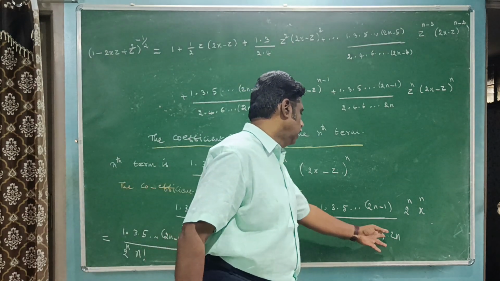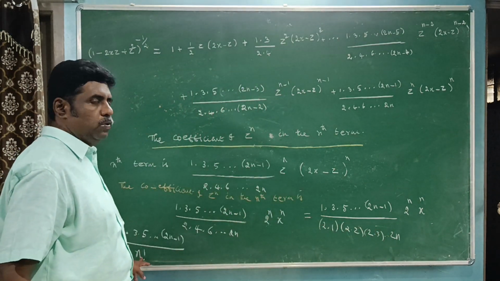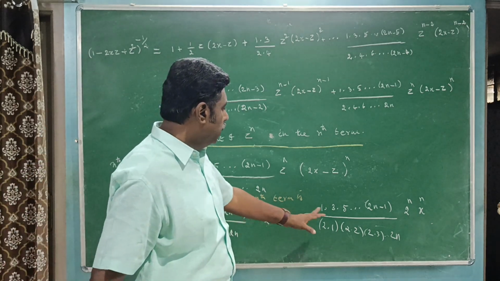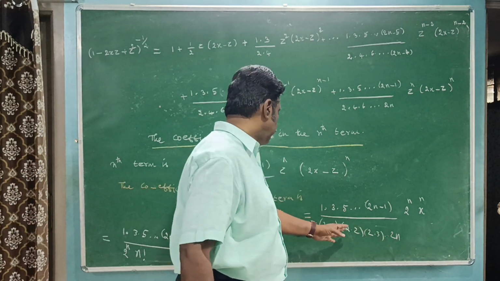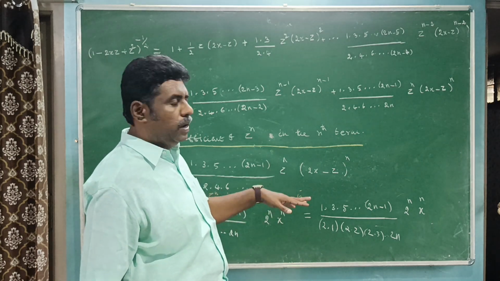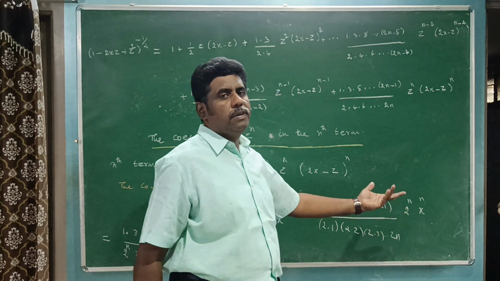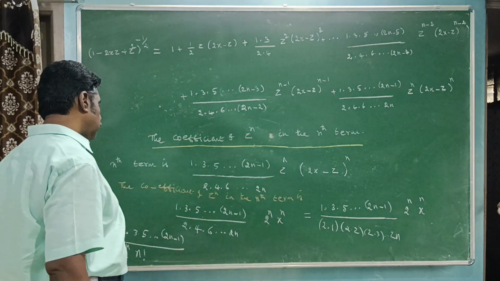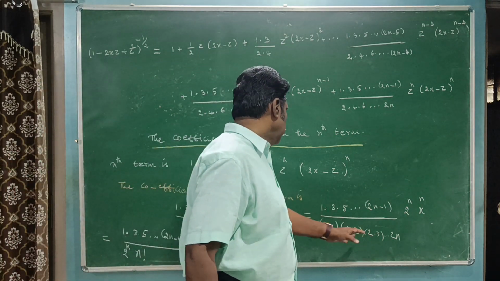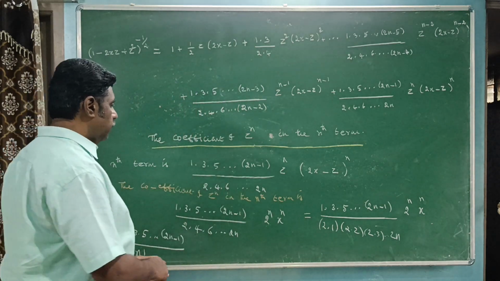So the denominator is modified as 2 power n into n factorial, because if you take 2 in terms of 2 power n times, the remaining terms are 1, 2, 3 up to n. That is n factorial.